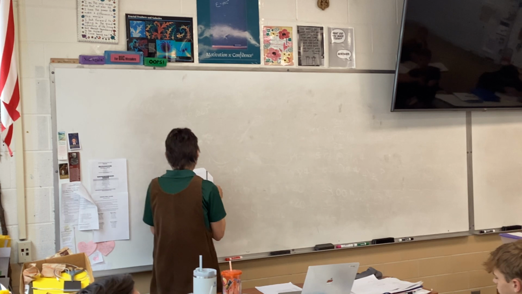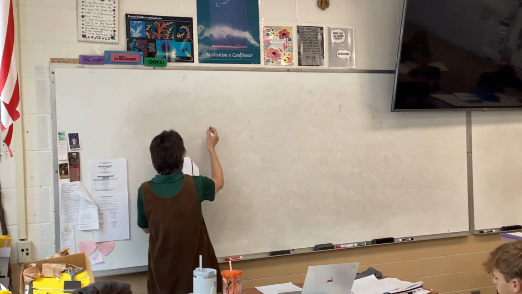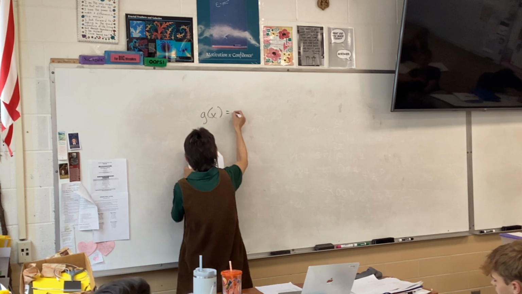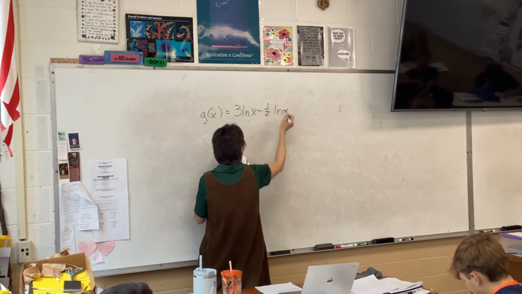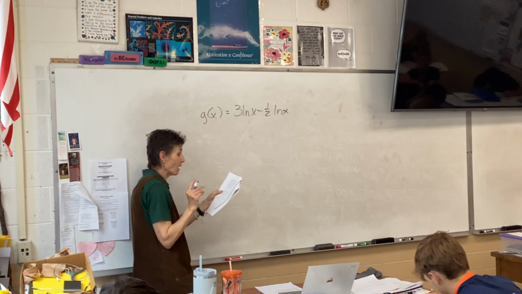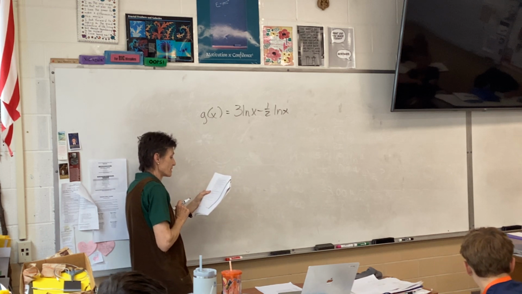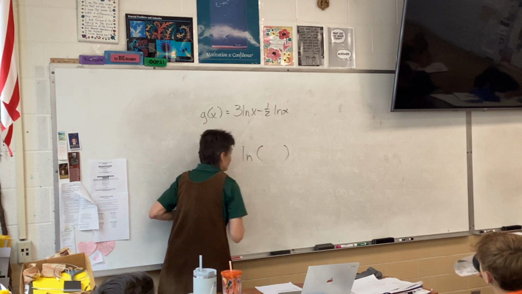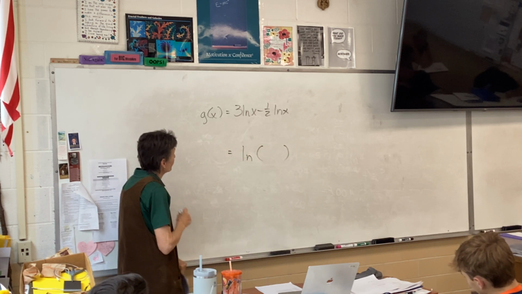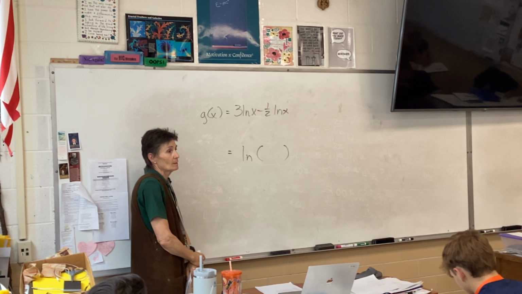So part A. Rewrite g as a single logarithm without negative exponents. In other words, we want ln something. So what's your thought on that?